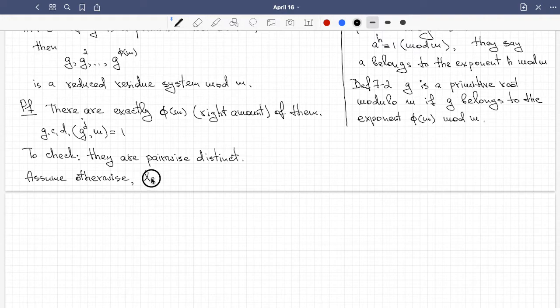Namely, let us have two integers r and s among these powers from 1 to phi of m, such that g to the power r is congruent to g to the power s modulo m.